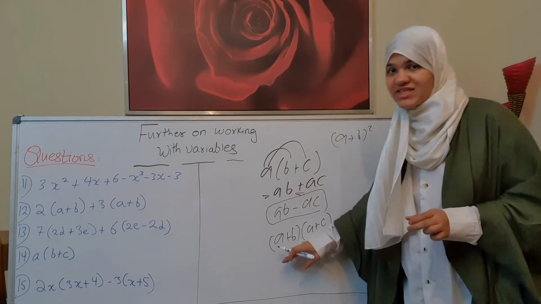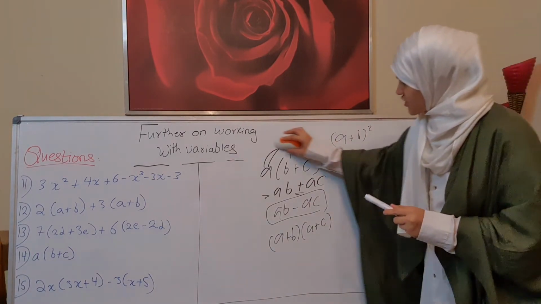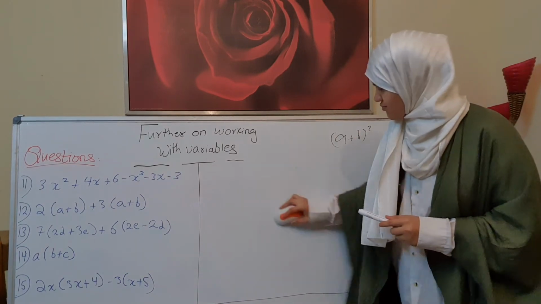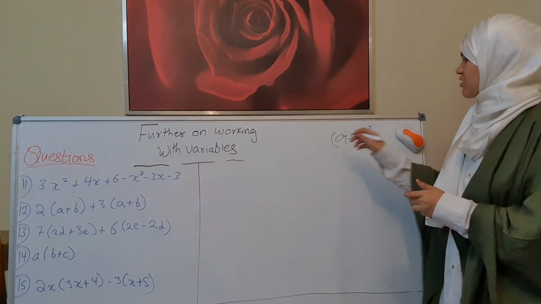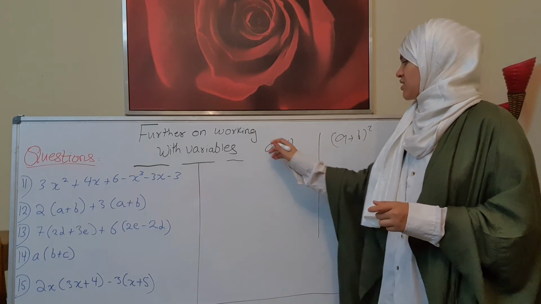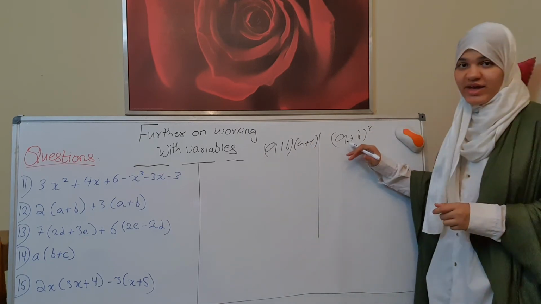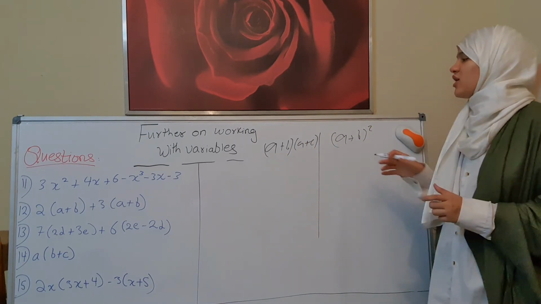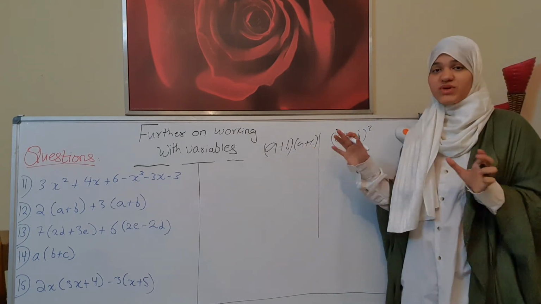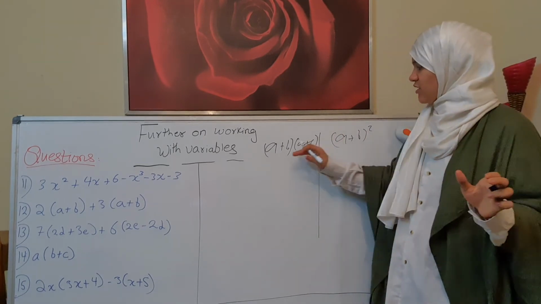First of all, this is different from this one. Let's do it together. Here we have a plus b times a plus c, and here we have a plus b squared. For a plus b and a plus c, we have no variables, signs or numbers outside the bracket.